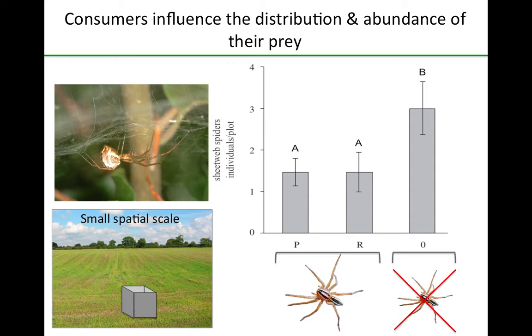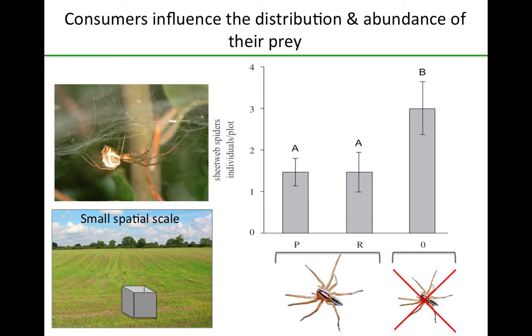And so what they found, as you talked about last week, is that within the predator treatment, there were predators that were actually capable of eating prey and those whose mouths had been glued shut, essentially, so they weren't capable of eating prey. So what they found is that wolf spider presence alone reduced the abundance of these other spiders in these small enclosures relative to when the wolf spiders were absent.